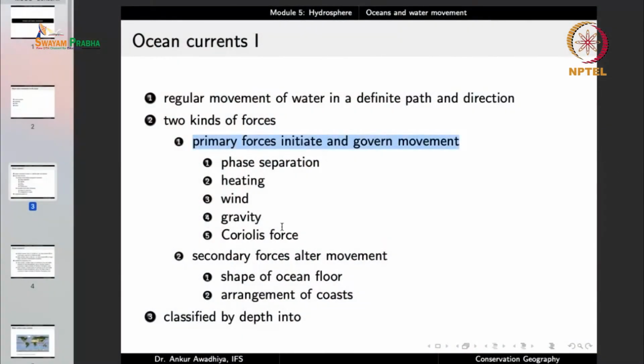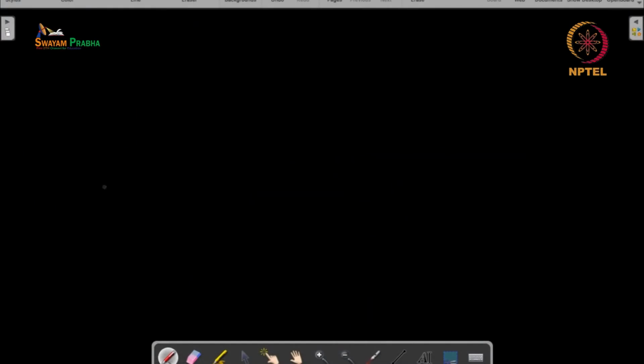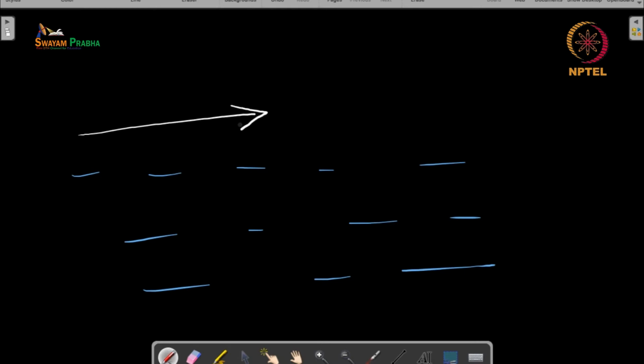Or you'll have forces like winds that get developed. So the third primary force is wind. In this case, if you have the body of water and there is continuously a wind that is flowing in a particular defined direction, now the water molecules that are there on the surface will also interact with this wind, and they will also start to move in this particular direction.